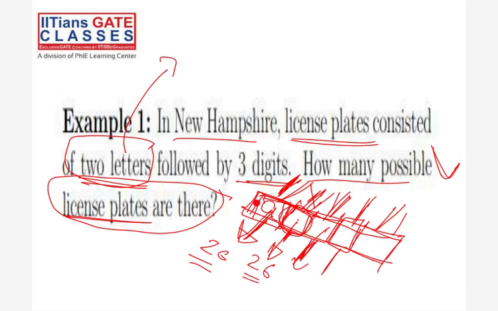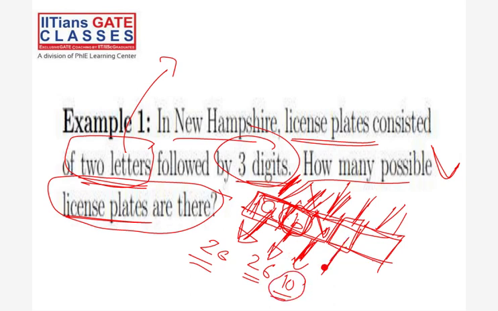Once I complete these two tasks, now to complete this task we have 10 ways, because this third task t3 is to put a digit here, and to put a digit here we have 10 ways.